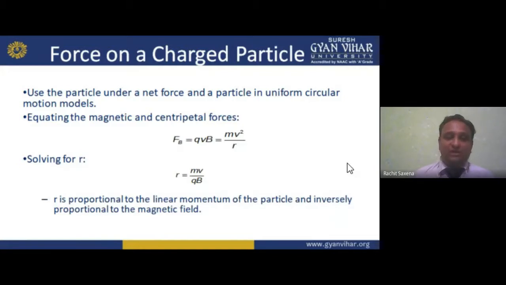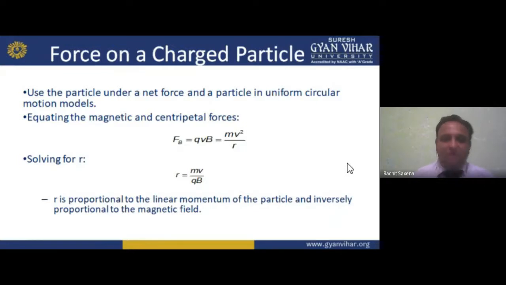Particle under a net force, and a particle in uniform circular motion models. I am talking about the uniform. As I earlier told you, in this lecture I will tell you about the uniform and non-uniform magnetic field. Okay, so net force and a particle in uniform circular motion models.